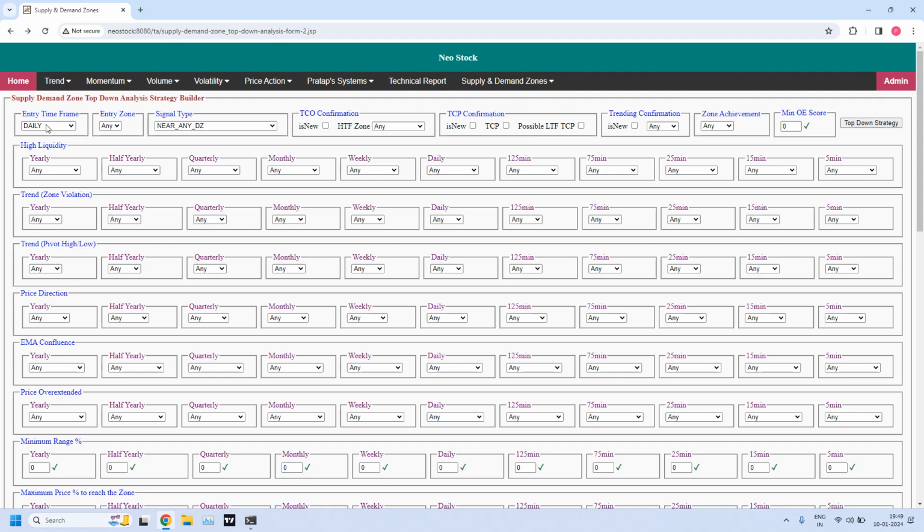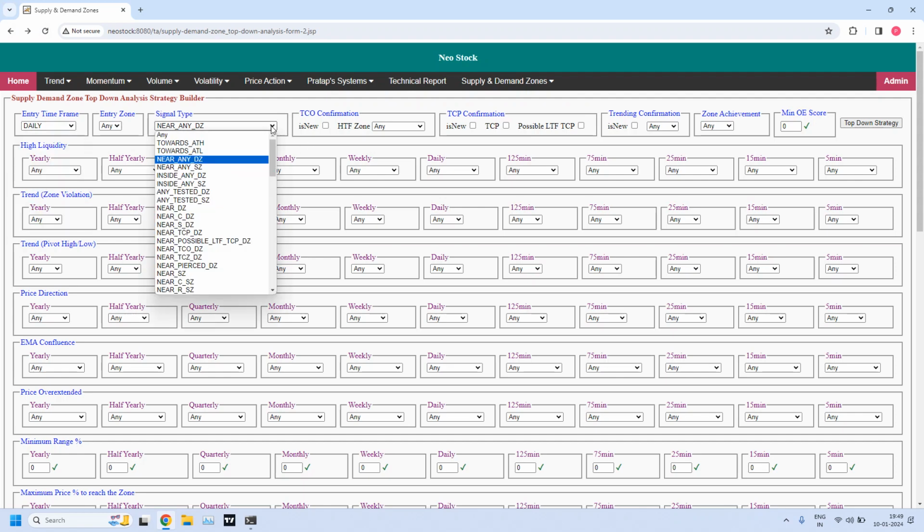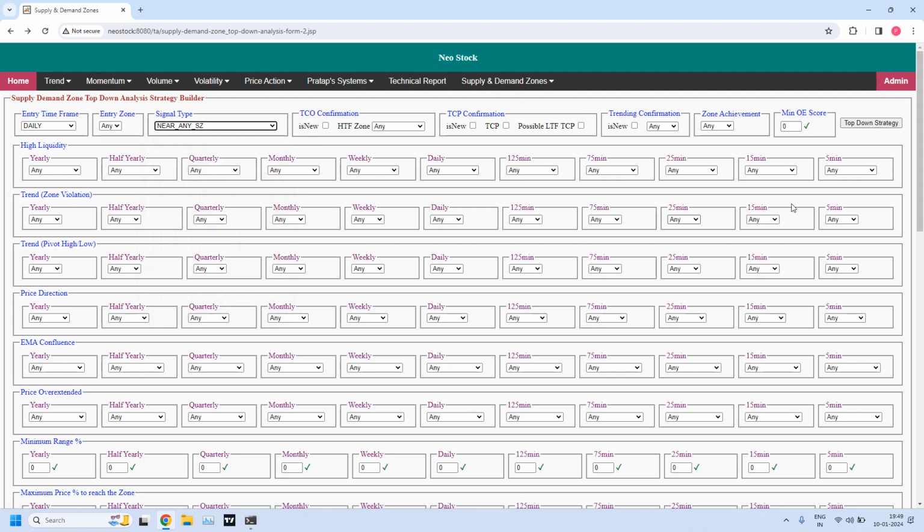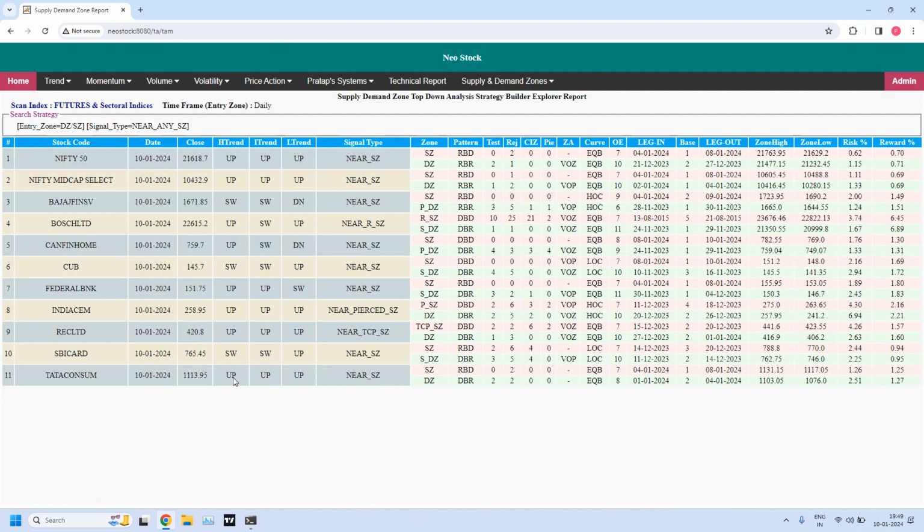So let's go back. Entry time frame is daily. Let us find the stocks near daily supply zone. 11 stocks are filtered. Any high liquidity supply zones?